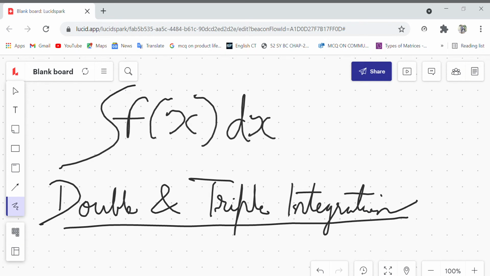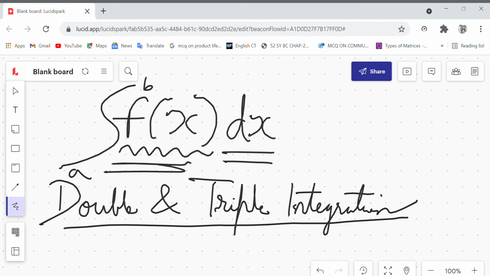Means you have to deal with the limits, you have to deal with dx dy, and this part will almost remain the same. This will not change. So let's get started with double integration.